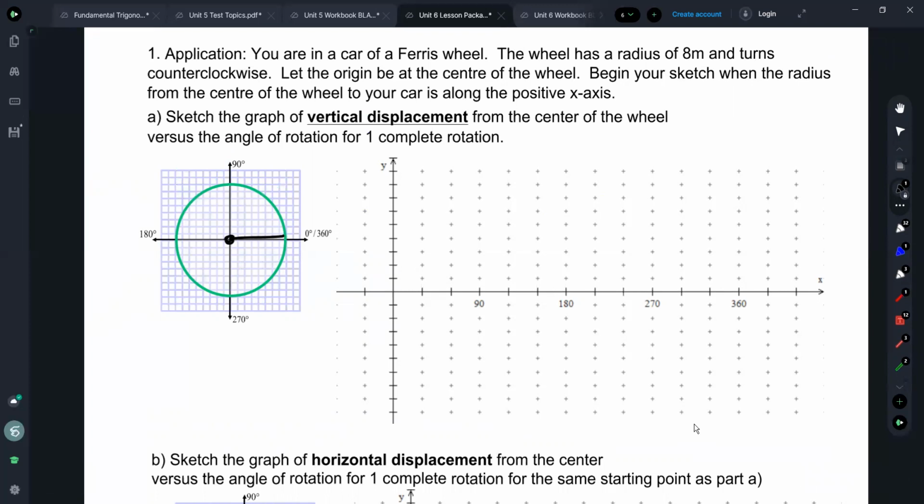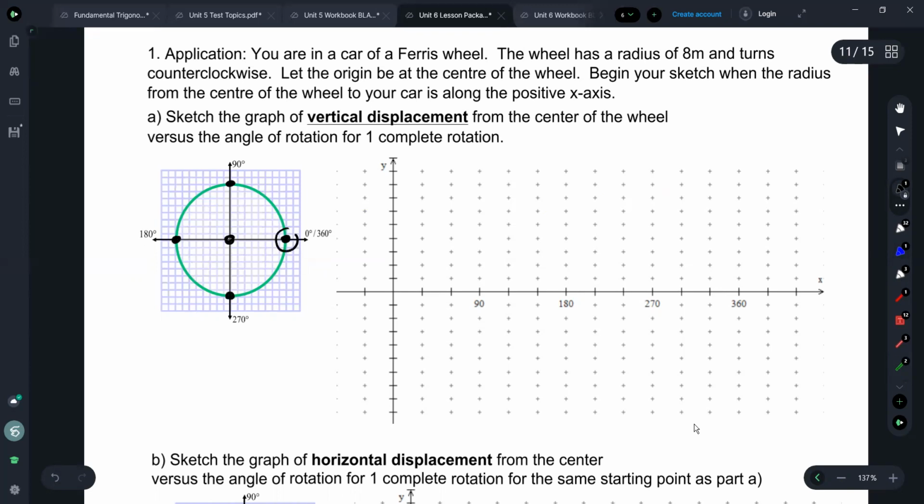So it's going to start here, and then it's going to rotate around from there, counterclockwise. Okay, so before we do the actual rotation part, I want to mark off these important points right here, and I want to know what their coordinates are on the X and Y axis.